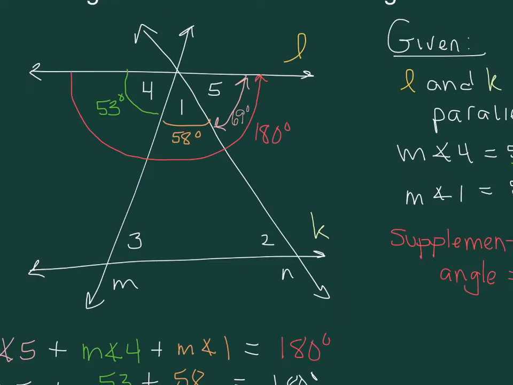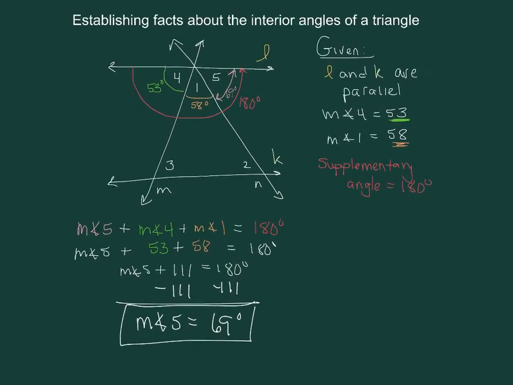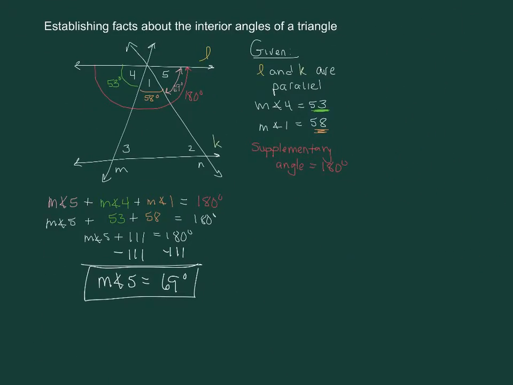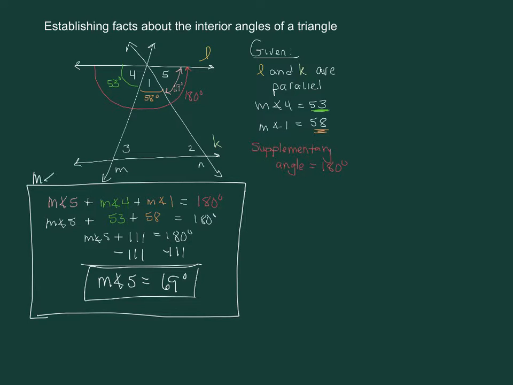Now, let's look at angle 3. So what's the measure of angle 3? Okay, so that's our next task. What we did here was for the measure of angle 5. Now we want the measure of angle 3.